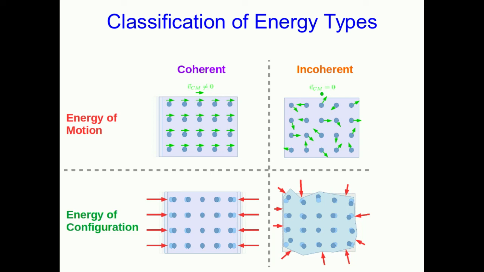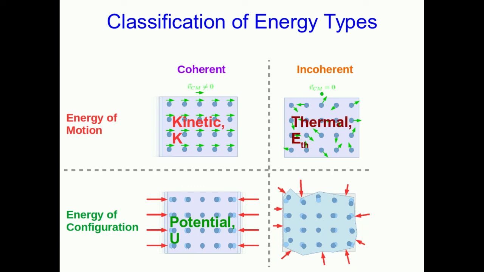And we can also divide them between coherent forms and incoherent forms to do with how orderly the motions or configurations are. So coherent motion, or in other words, the motion of whole objects, is kinetic energy, whereas the bulk or object scale configuration energy is potential energy.